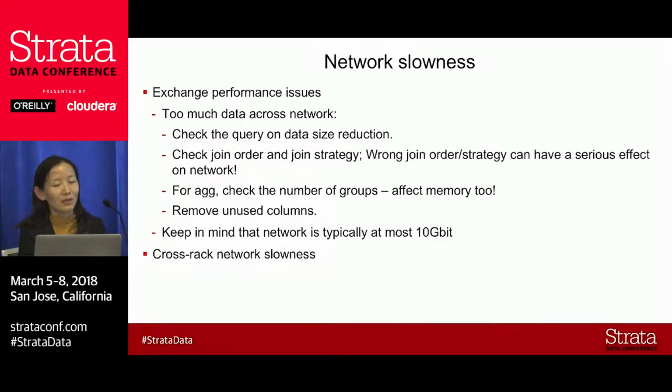So all those can trigger a lot of network traffic and cause network slowdown. Even though you can expand your cluster, your network is usually fixed bandwidth. It doesn't expand as fast as your node size. And the cross-rack network has even lower fixed bandwidth. So those are much harder to identify.